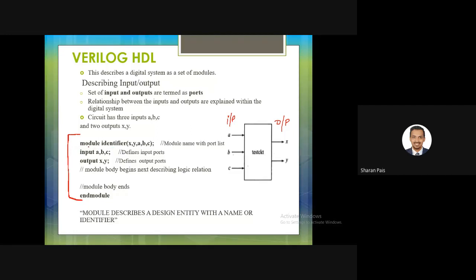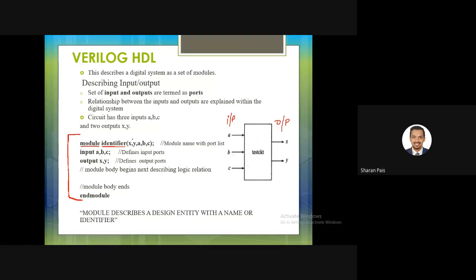There is a syntax. First, we write a module. Module is the keyword. I am writing a Verilog module. Then give some identifier, some name for it. Identifier means a user defined name, whatever you want to give.